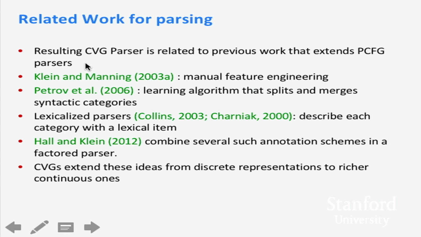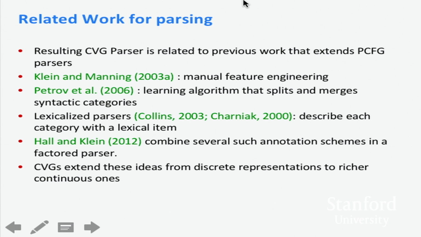So the starting point is you can just have a context-free grammar parser, and that works very badly for natural language because you can't do a good job of dealing with all the syntactic ambiguities and deciding things like prepositional phrase attachments.